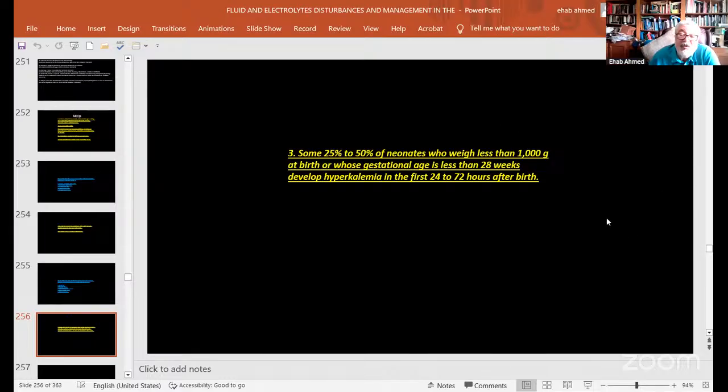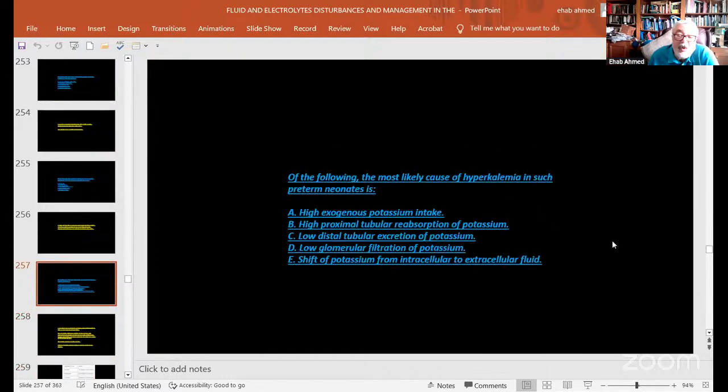Number three, 25 to 50% of neonates who weigh less than 1,000 grams at birth or whose gestational age is less than 28 weeks develop hyperkalemia in the first 24 to 72 hours after birth. Hyperkalemia in the preterm baby. Of the following, the most likely cause of hyperkalemia in such a preterm neonate is: is it high exogenous potassium intake, you give the baby too much potassium?